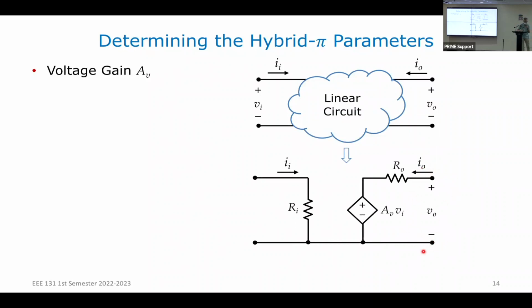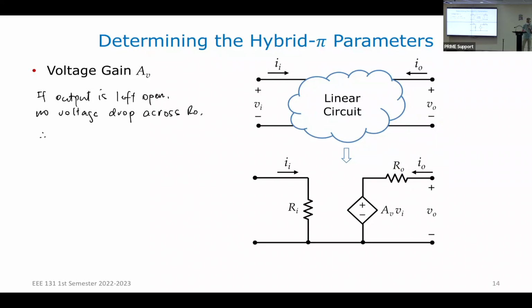okay, if I leave this open, there is no voltage drop across R sub O. Right? So if output is left open, there is no voltage drop across R sub O. No?